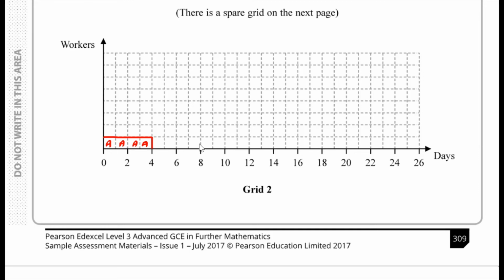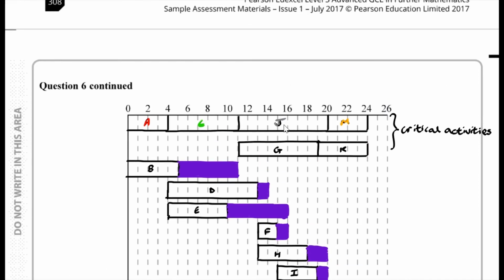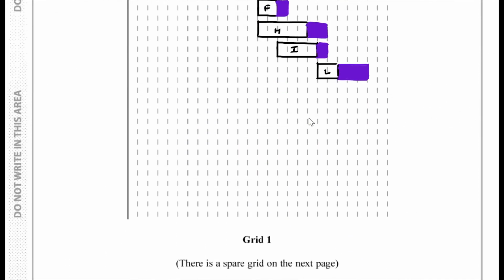We have C, which takes us up to 11. So this is C. After C, we have J. J takes us up to 20.